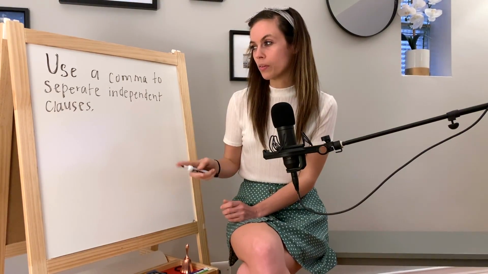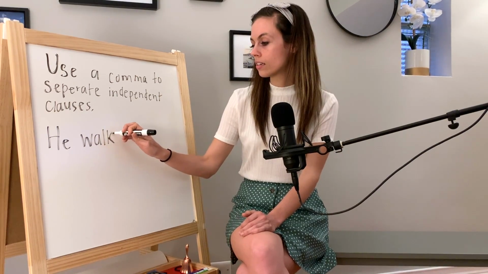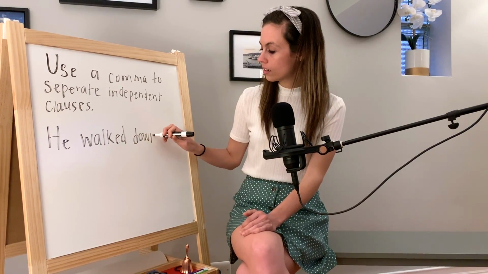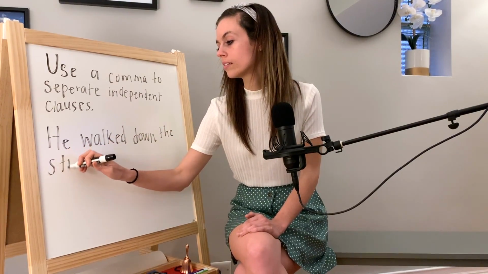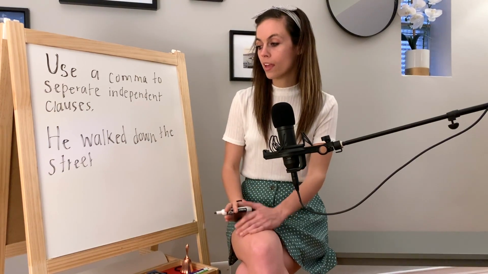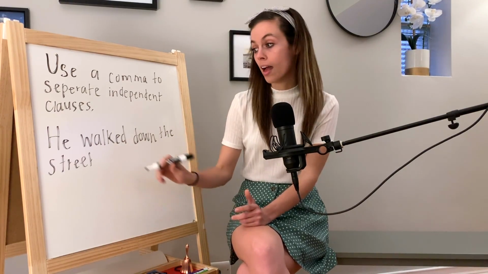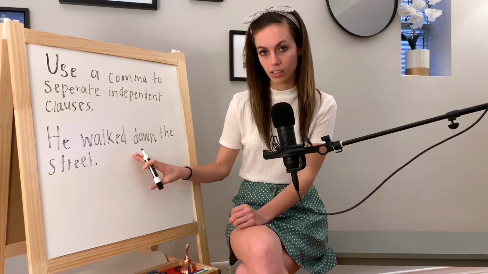Okay, so for example, if I had the sentence, he walked down the street. So this is the first part of our sentence, and we can see that this could be a complete idea. I could end it with a period, so we could call this an independent clause.